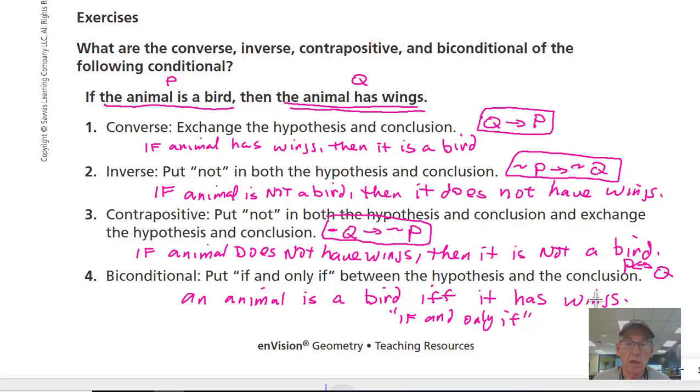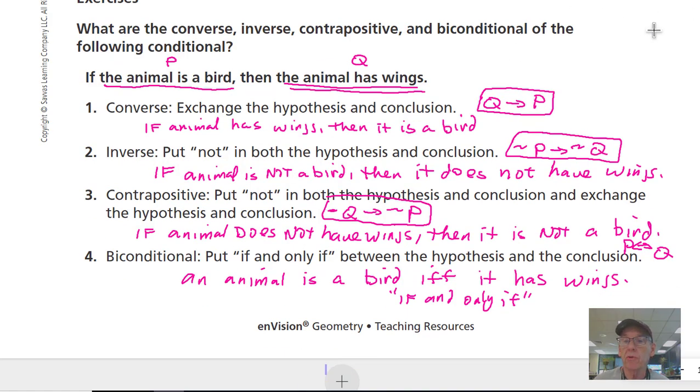So that would be the biconditional. An animal is a bird if and only if it has wings. You also could have written, an animal has wings if and only if it is a bird. Either one of those would be a biconditional form of that. That's it for the mathematical literacy page.